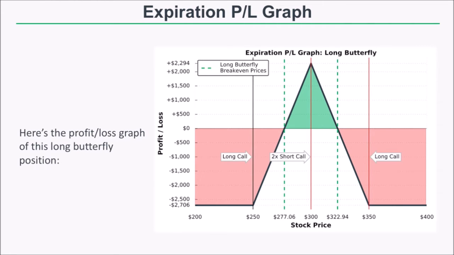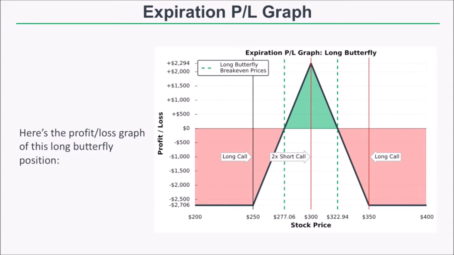So as we can see here, the max profit potential occurs when the stock price is right at the short call strike price of 300. Now that's because if the stock price is right at $300, those 2 short calls will expire worthless, the 350 long call will expire worthless, and that long 250 call will be worth $50. So the net value of the long butterfly spread at expiration will be $50.